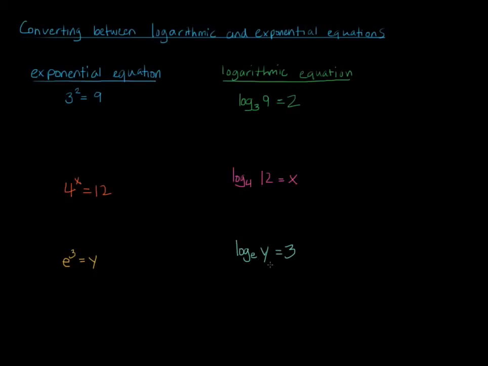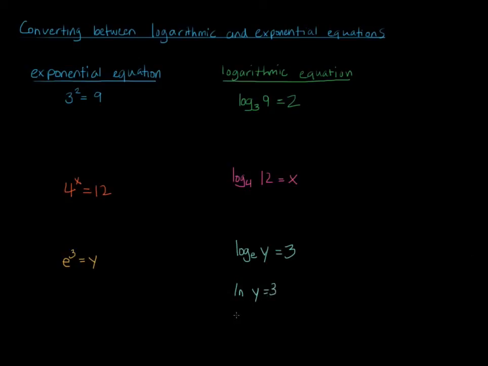This is completely correct, but mathematicians are kind of weird and lazy, and because we use e in exponents so much, mathematicians decided to give log base e a special name. They called it natural log, which we abbreviate ln, which is like Latin for logarithm naturel or something, or it's French, I think, maybe. Anyway, we would say ln of y equals 3.